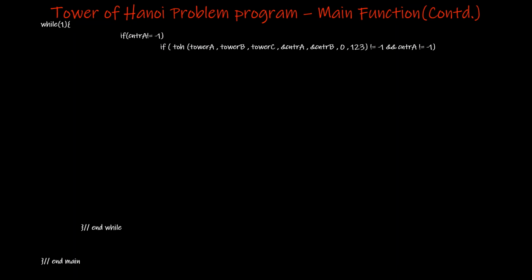This is used to allow transfer of a disk in the same cycle or in another cycle. How that works we'll see in the TOH function. Then we have one more argument, 1, 2, 3. This is used for printing purposes. How these values are used we'll see in the print function of this particular program.